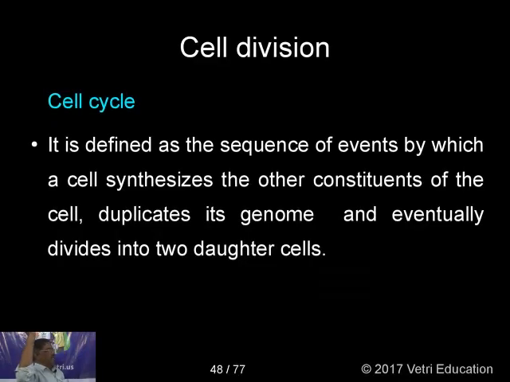It is defined as the sequence of events. So you have to see the cell cycle, how the cyclic nature takes place and the formation of new cells. It is defined as the sequence of events by which a cell synthesizes the other constituents of the cell, duplicates its genome, and eventually divides into two daughter cells. So starting from the initial stage to the formation of daughter cells, that is called the cell cycle.